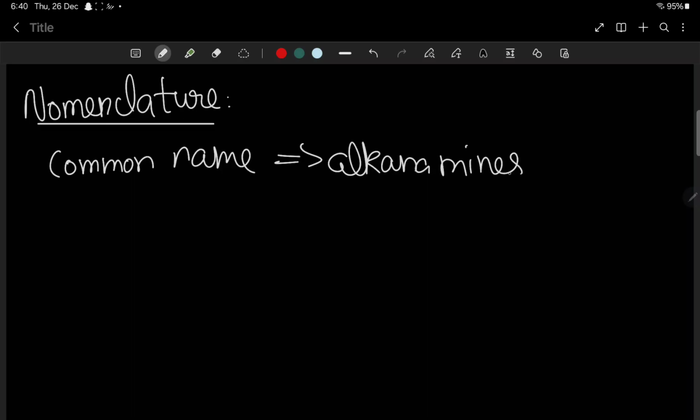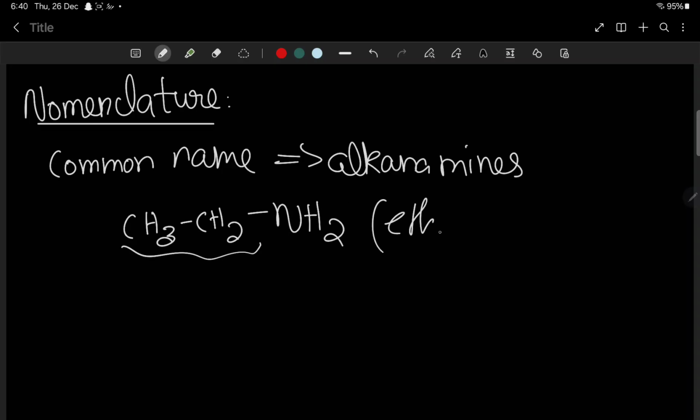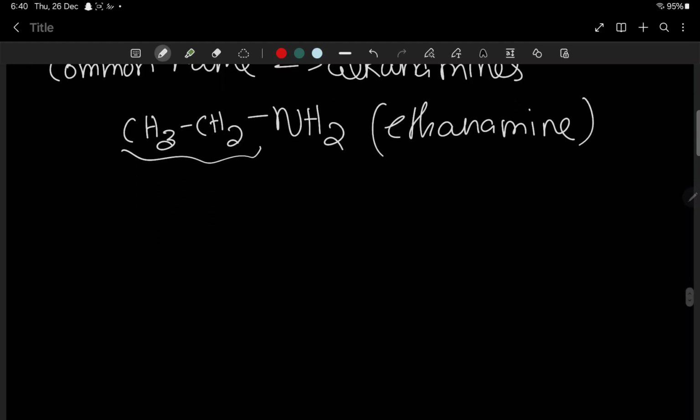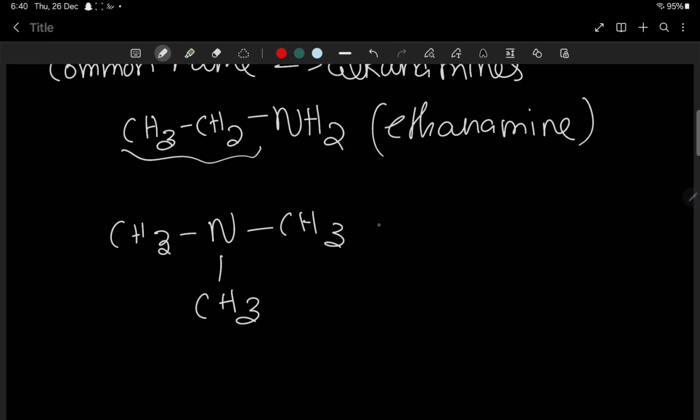If we have this compound, CH3CH2NH2, it has an ethyl group, so ethanamine. Now if we have any other compound, like the compound with the 108 degree angle, how many methyl groups are there?